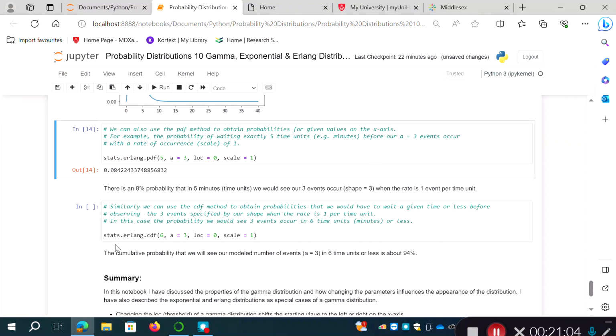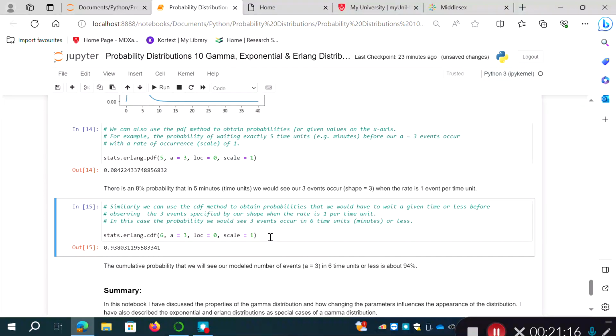So I'm using stats.erlang.cdf this time, saying 6 time units with an alpha of 3, loc of 0, and a scale of 1. And what we should see is about a 94% cumulative probability that we will see our modelled number of events, 3 or fewer, in 6 time units.